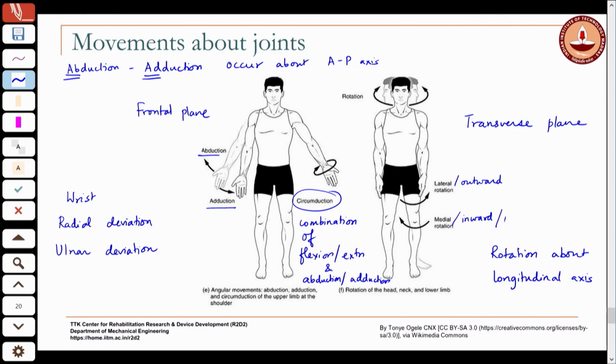Okay. So, this is inward or internal rotation, and external rotation, where you are moving the limb closer towards the medial aspect, and the other is when you are taking it outward. So, tibial rotation occurs about the longitudinal or superior inferior axis.